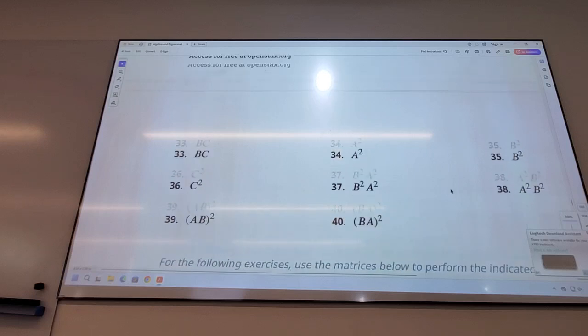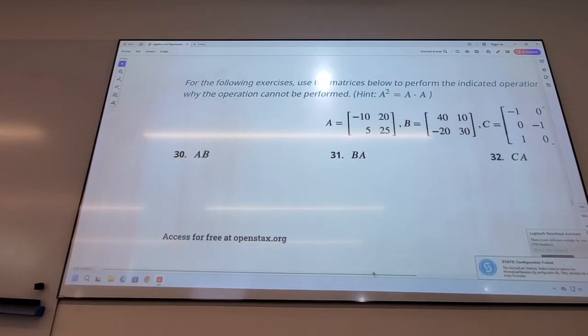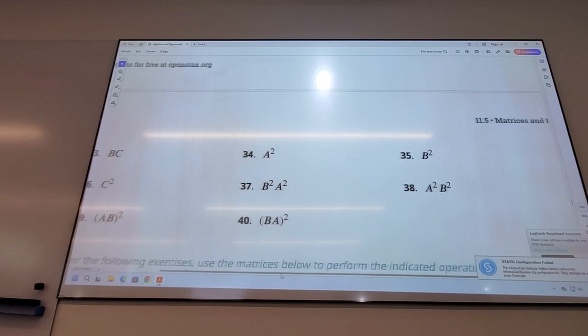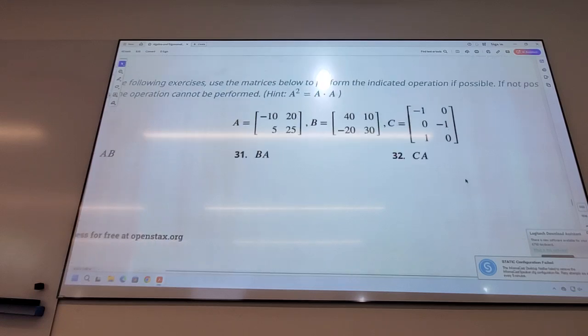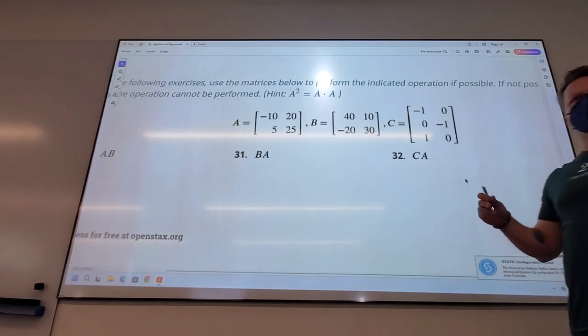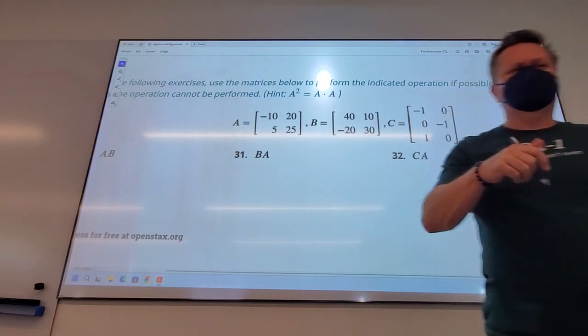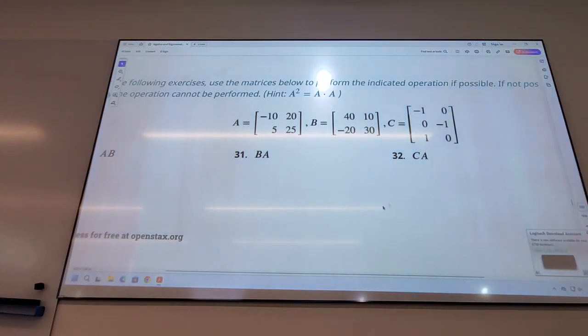Okay, let's see. So they give us C, and they ask for C squared. Okay, look at C. Is it this one?